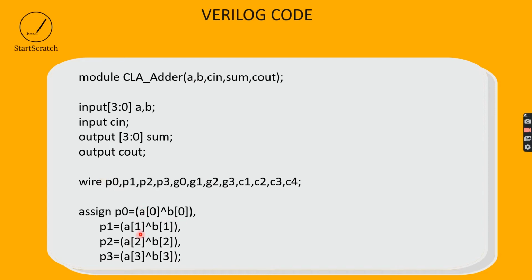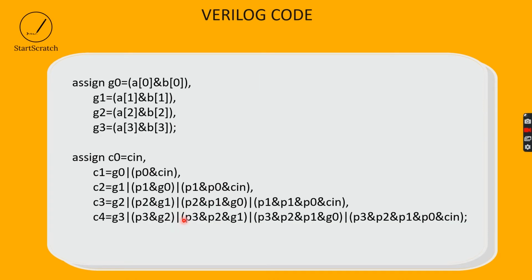And here I introduce P0, P1, P2, P3 as XOR gates of A0 and B0. If you remember, this is the half adder output, that is the sum of the half adder of A0 and B0. And G0 is the AND operation of A0 and B0, which, if you remember, is the half adder carry output.